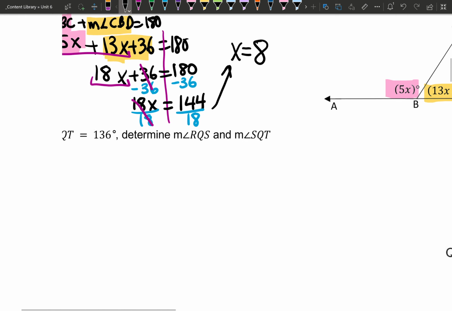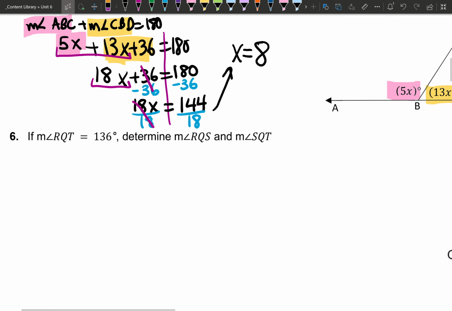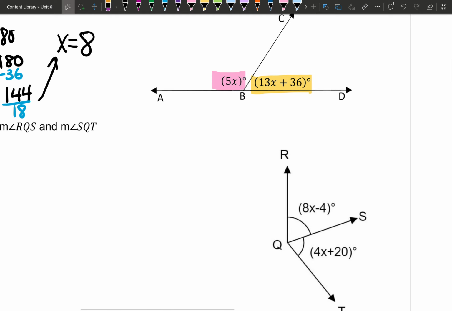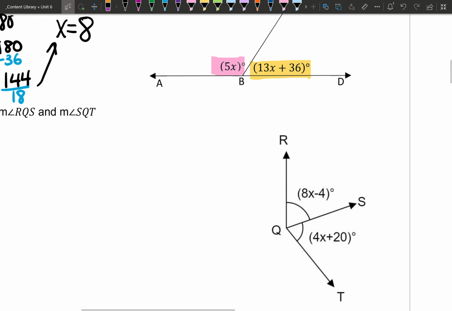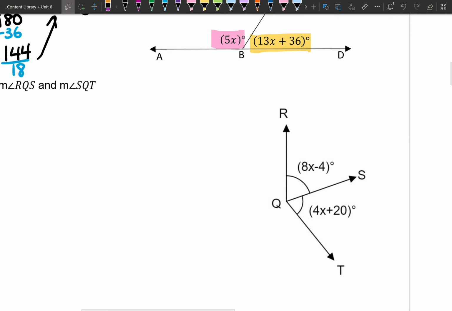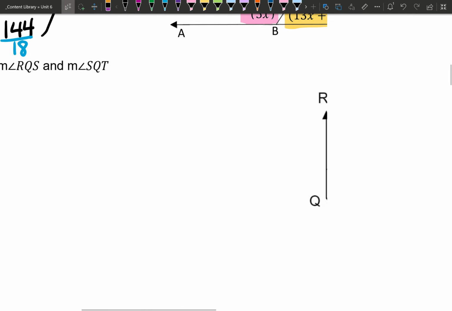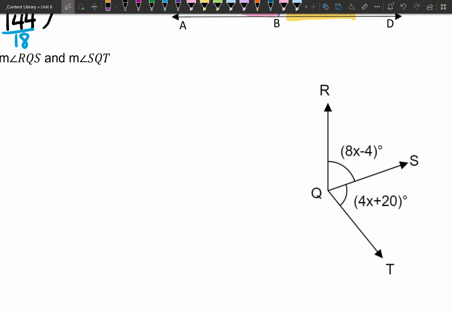Okay, well, number 6 says, if the measure of angle RQT is 136, determine the measure of RQS and SQT. I think I meant to write to find the value of x. That's okay. Let's do that. Well, let's do both, actually. I don't remember how I did it on the answer key that I have at school.